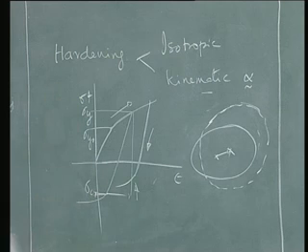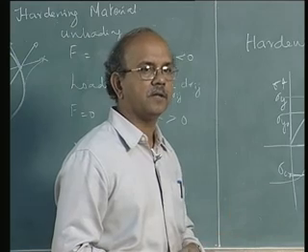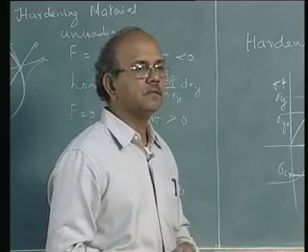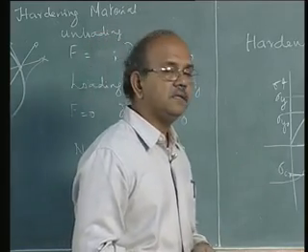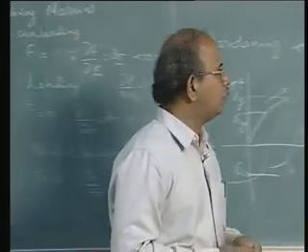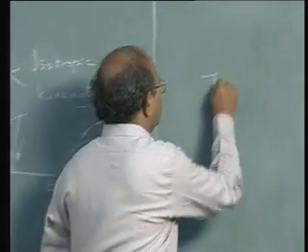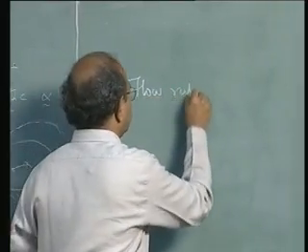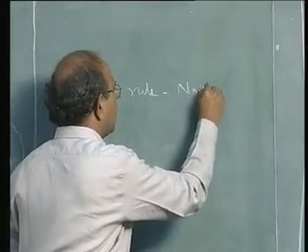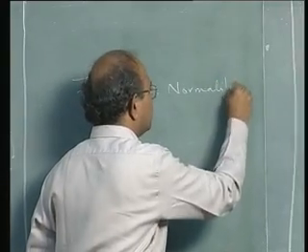So we will concentrate on isotropic hardening, okay, that is the third thing. And lastly, we have to put down what is called a flow rule, or sometimes called the normality flow rule.